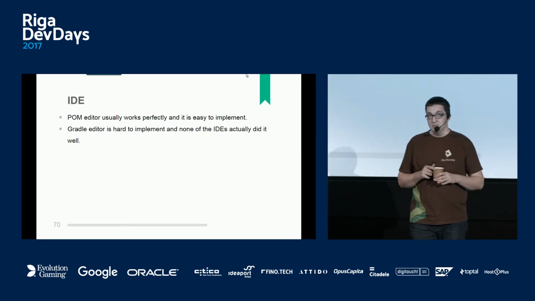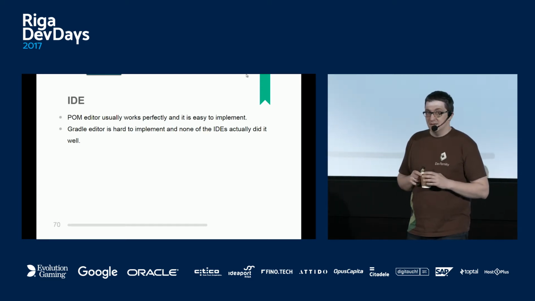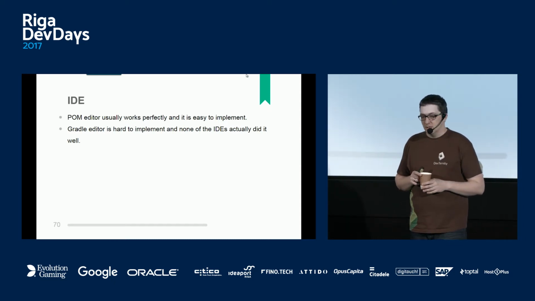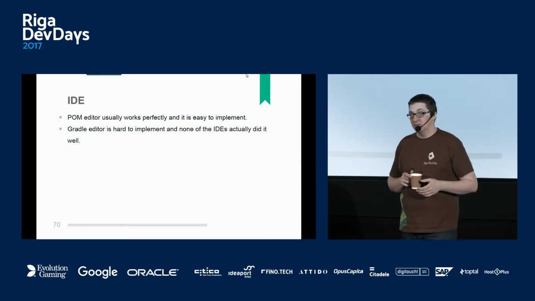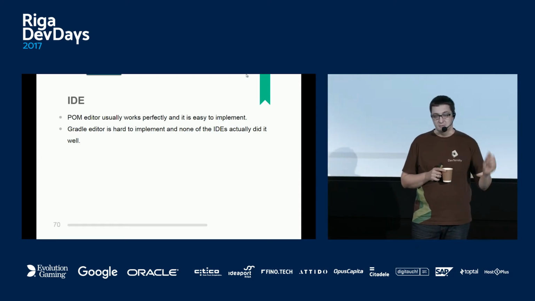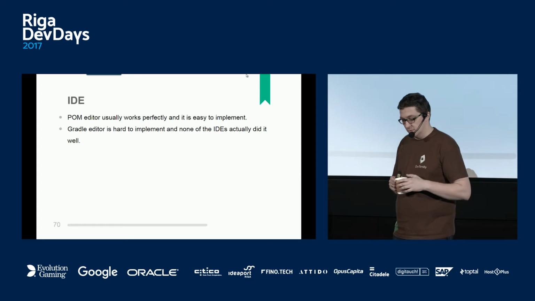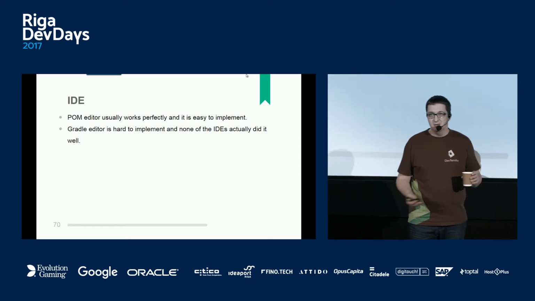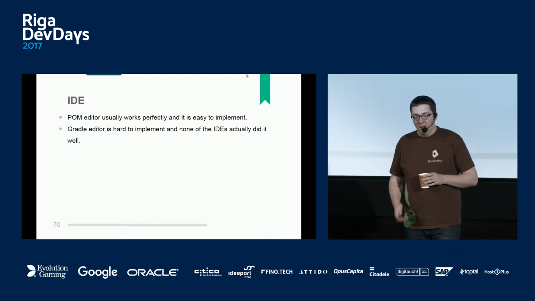I would say it's probably even impossible. That's why none of the IDEs actually support it very well. For example, in IntelliJ IDEA, I usually just switch off the Gradle support for syntax highlighting and editing because it's just useless in most cases.